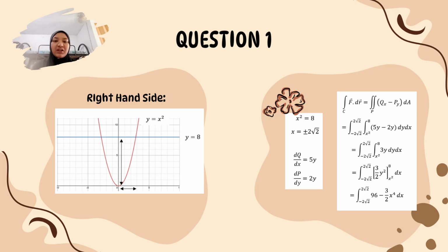From the vector field, we compute that ∂Q/∂x = 5y and ∂P/∂y = 2y. Therefore, ∂Q/∂x − ∂P/∂y = 3y. We substitute this into Green's theorem and evaluate the double integral over the given region.